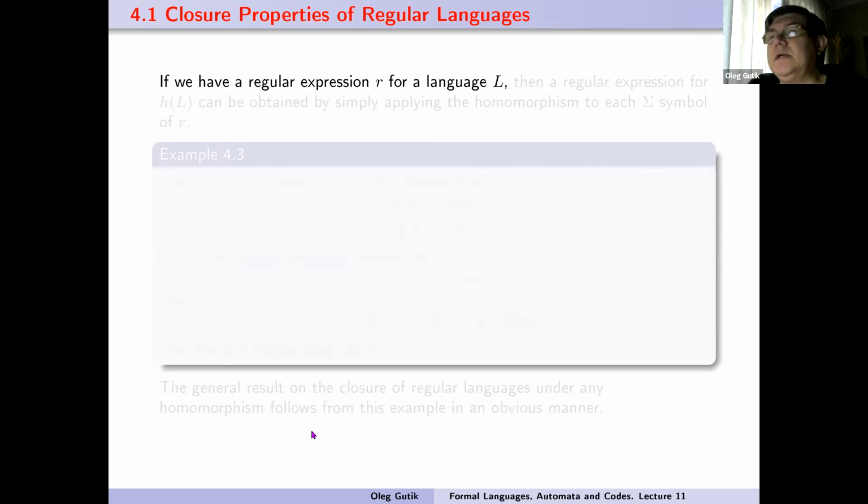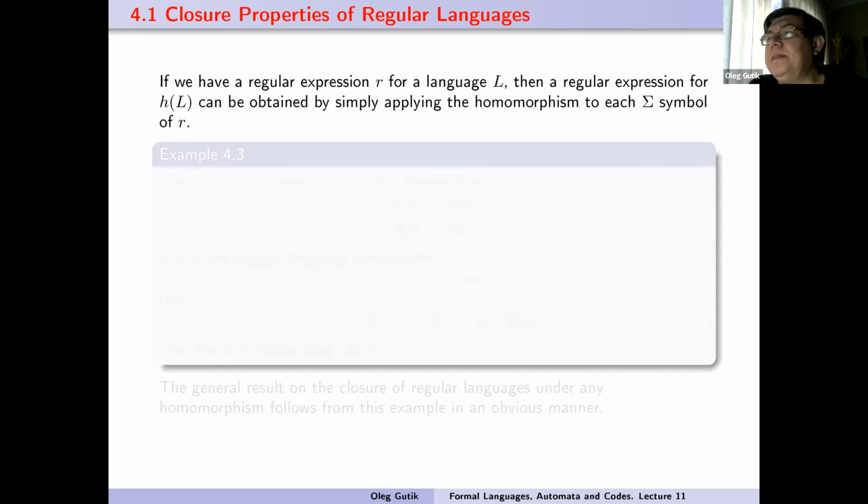If we have a regular expression r for a language L, then a regular expression for h of L can be obtained by simply applying the homomorphism to each alphabet symbol of r.